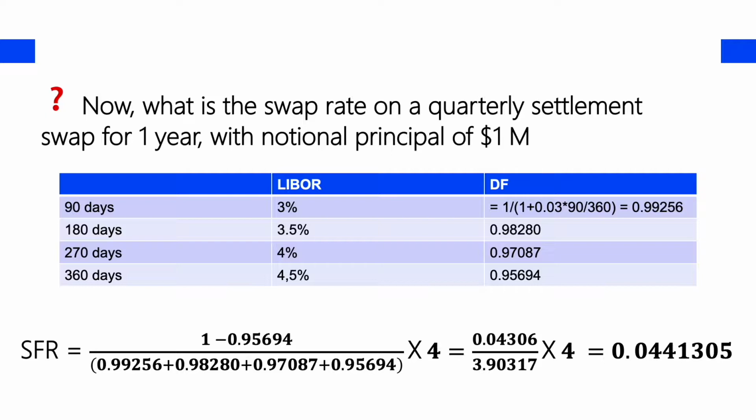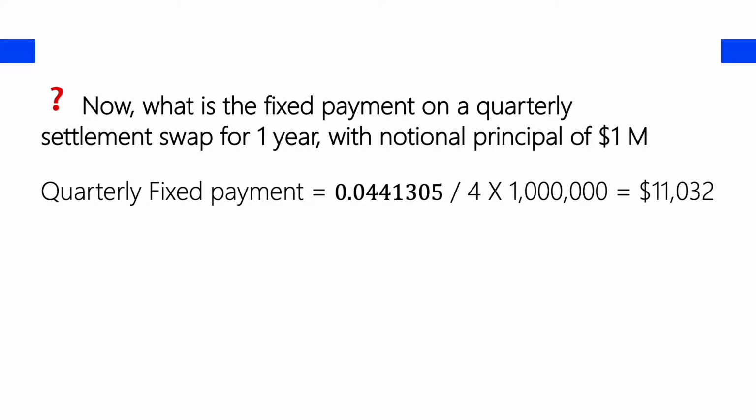So pricing swaps is pretty straightforward. Working out the quarterly payment. Well, we now know we have 4.4% as the swap fixed rate. But that's quoted on an annual basis. For the quarterly payment, we'll need a portion of that annual rate. So we're going to divide it by 4 to get back to the quarterly rate.